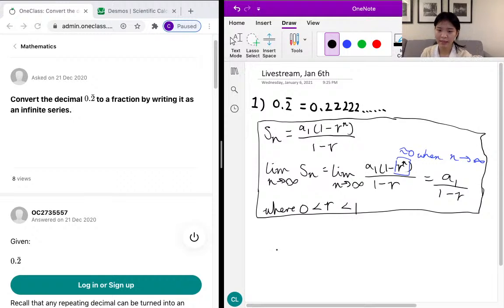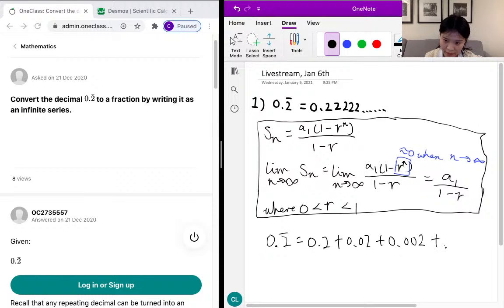Now, let's write 0.2222... in the form of a geometric series. How do we do that? We know it equals 0.2 plus 0.02 plus 0.002 plus and so on.